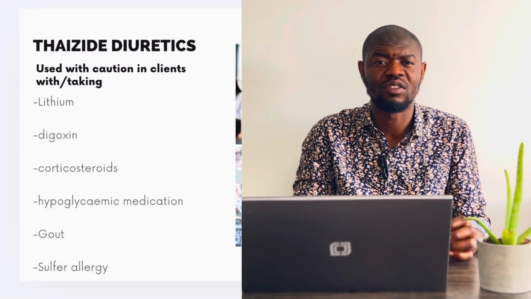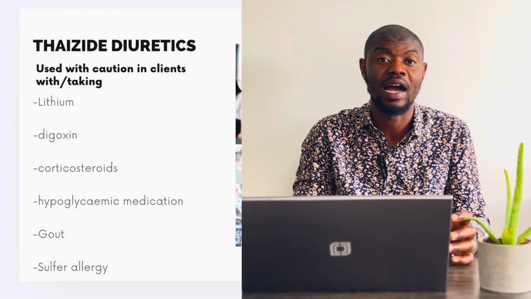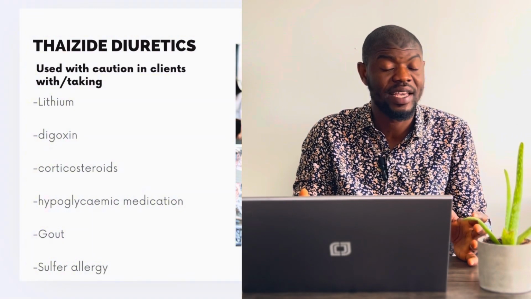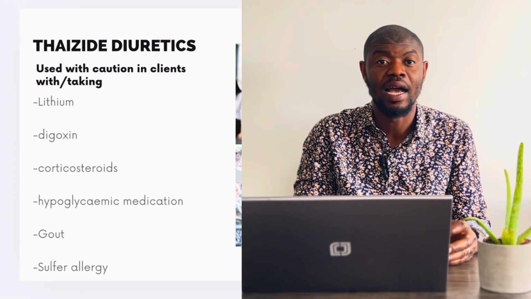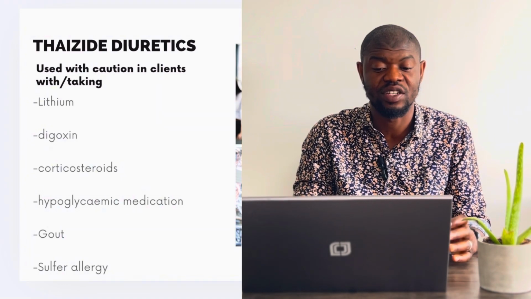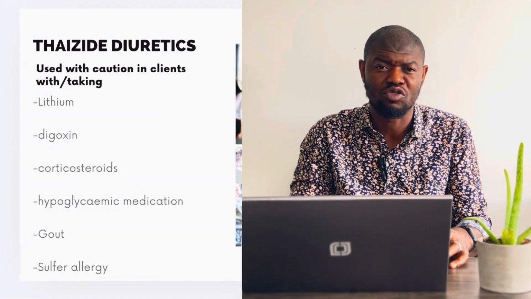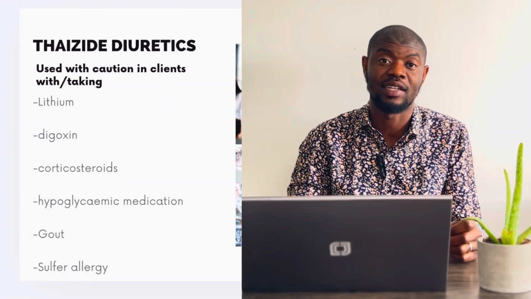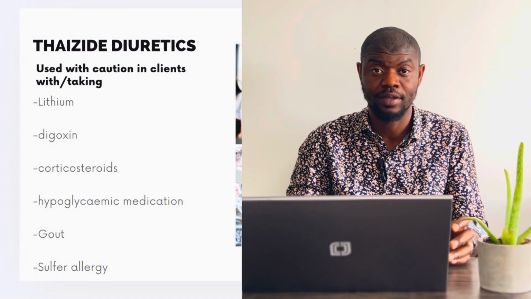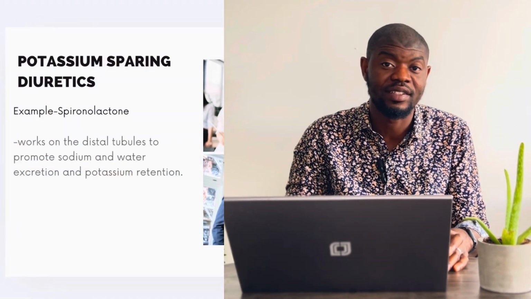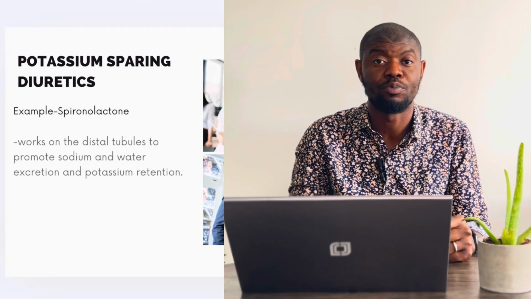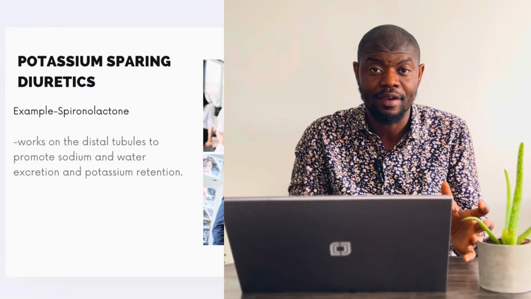Also, patients who are on corticosteroids and hypoglycemic medications, you want to use these cautiously in this group of patients. Patients who have gout or sulfa allergy are also ones that you want to use thiazide diuretics in cautiously.